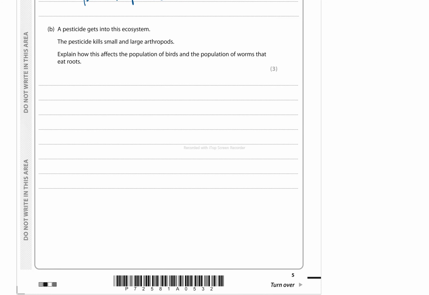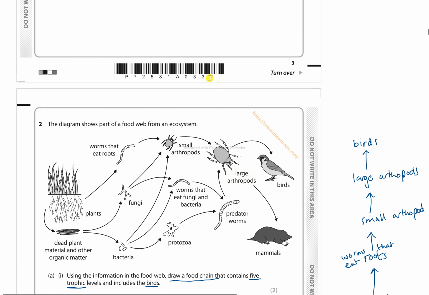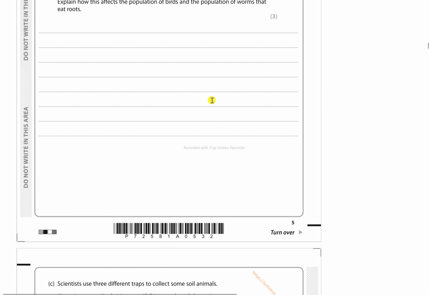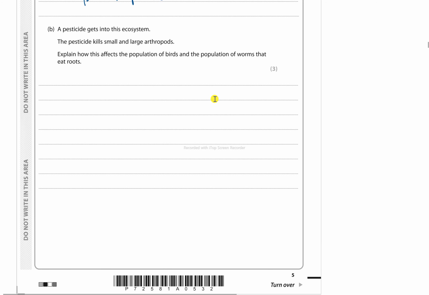So what they're saying is, if a pesticide kills small and large arthropods, look, if this dies and this dies, what's going to happen to the worm and the bird? Right.